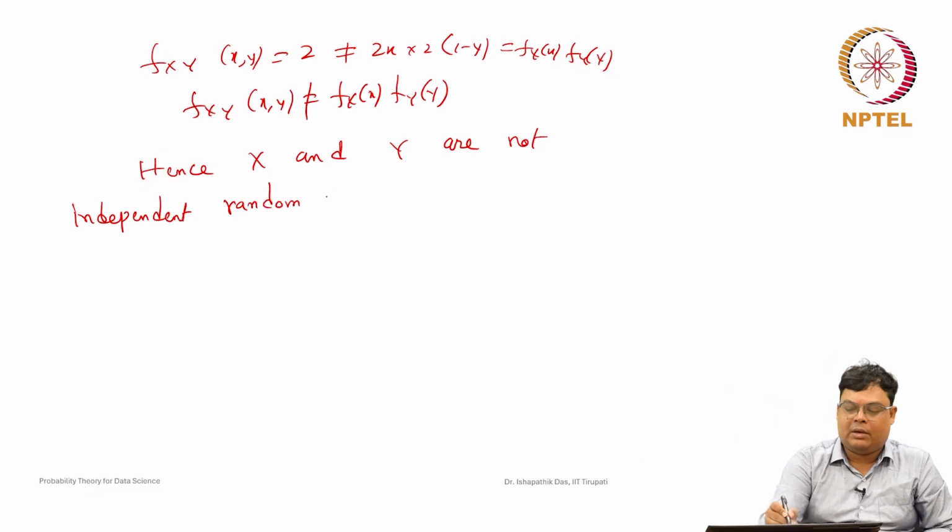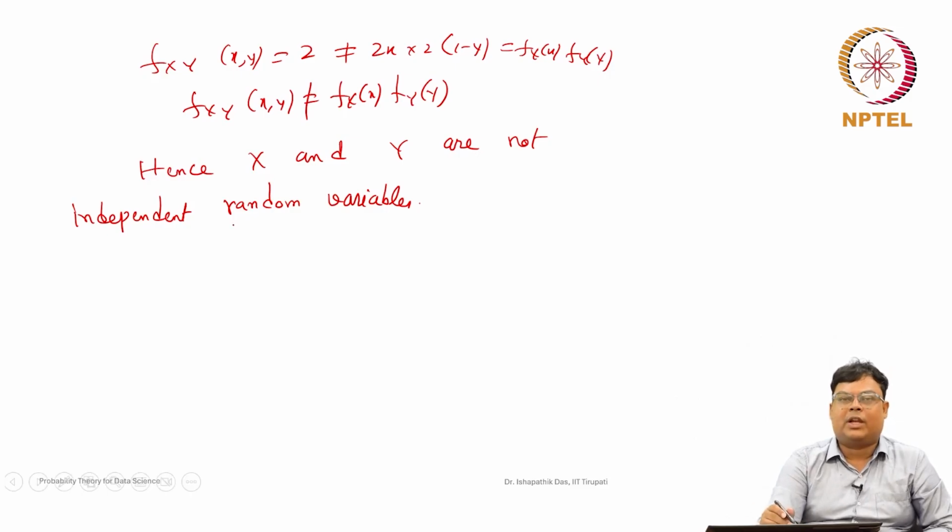That is why for the conditional probability density function, we cannot just say that it will be equal to the marginals. We have to find the conditional probability density function.